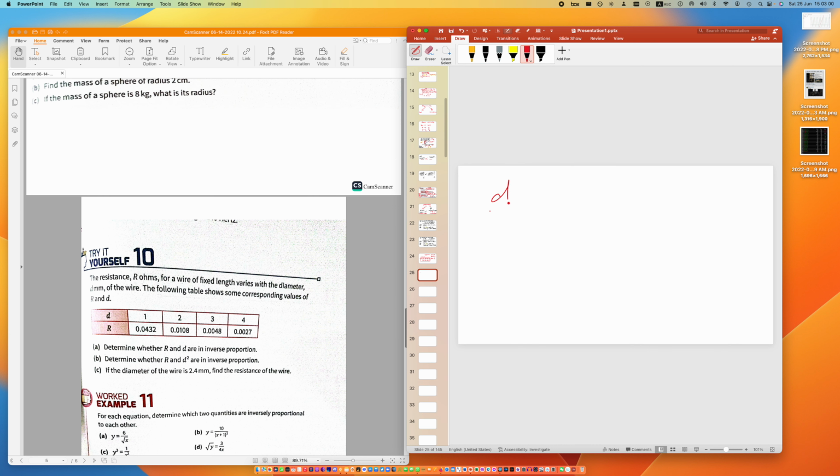So now let's decide for this example. Can you see that D is going up? 1, 2, 3, 4 keep going up, right? R, of course you don't care what R is, you just need to see whether it's up or down. So 0.04, then 0.01, then 0.00448. What's the trend for R, up or down?